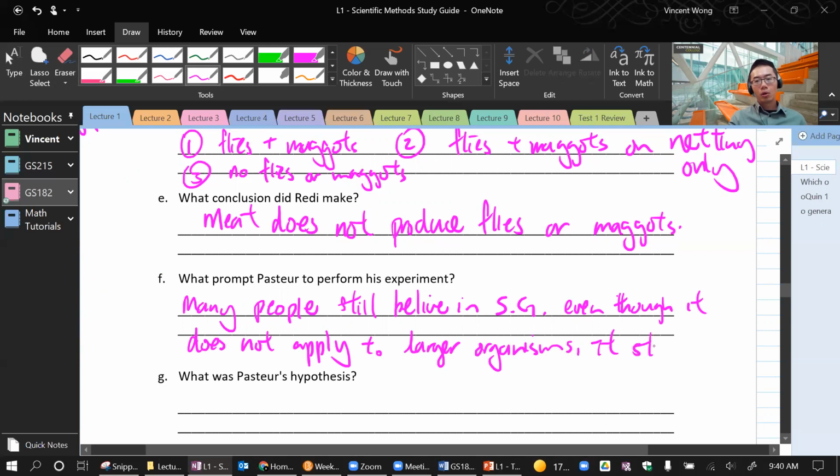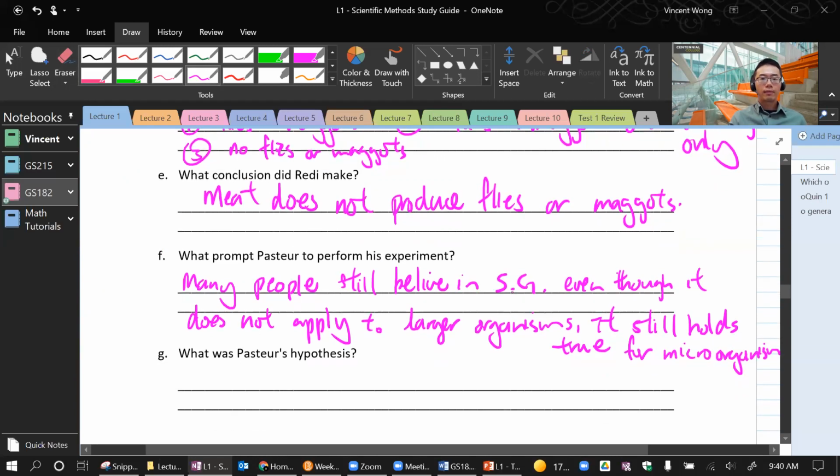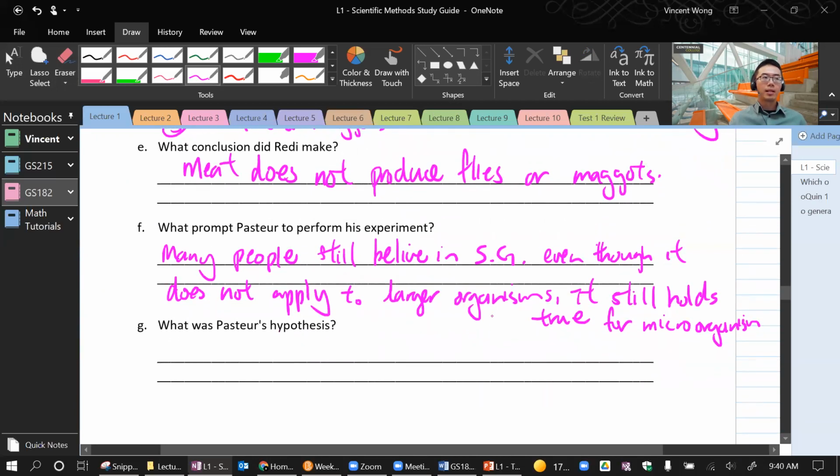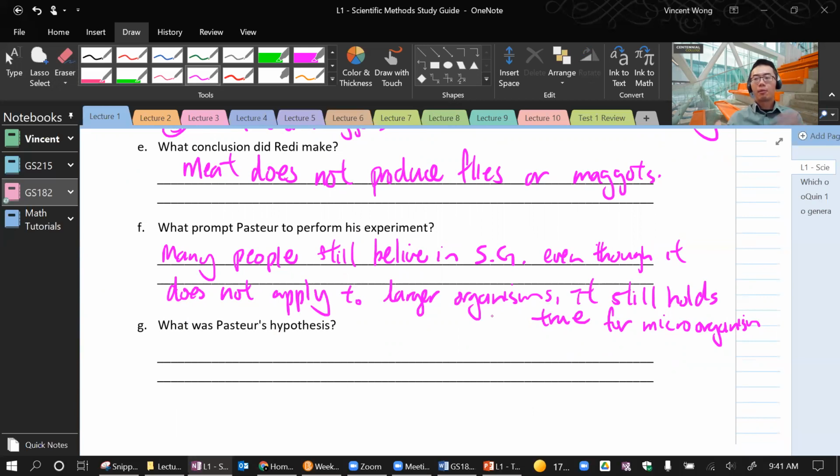It still holds true for microorganisms. So people are like, fine, we believe the flies and maggots don't come from the meat, but the microorganisms can still be forming from nothing.